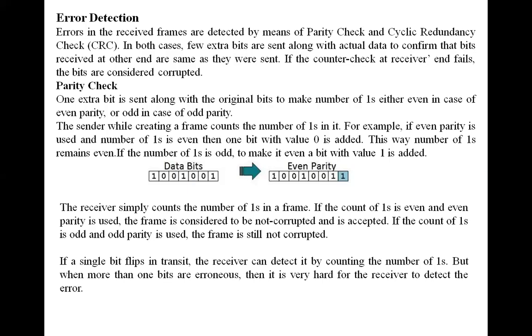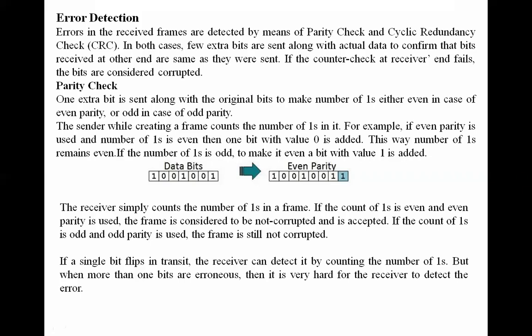For error detection, we are using two types of protocols: one is parity check and the second one is cyclic redundancy check. While using these two protocols, you have to send the extra bits with the actual data, to confirm that the bits received at the other end are the same as they were sent.